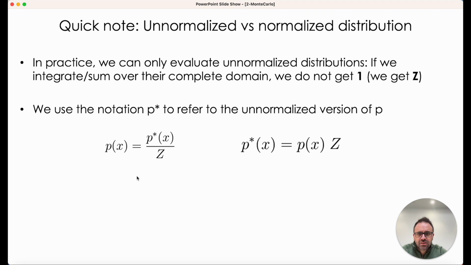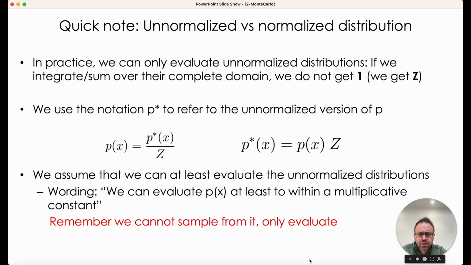So p is going to be p star divided by the normalizing constant that we cannot compute in practice. Some of the wording we are going to use: whenever we say we can evaluate p at least to within a multiplicative constant, in other words, we are saying that we can only evaluate p star.